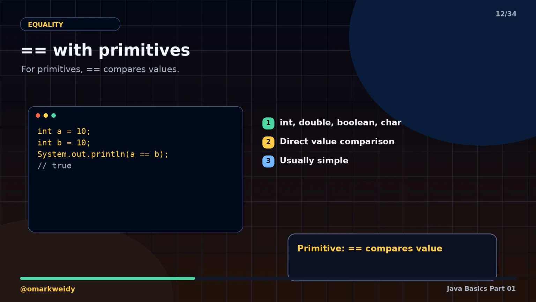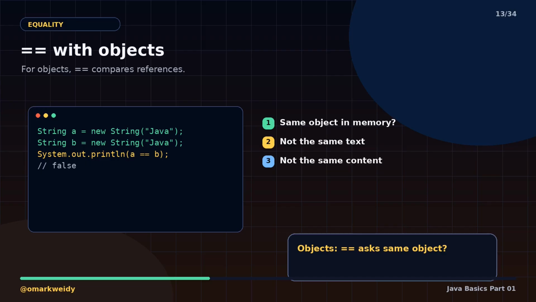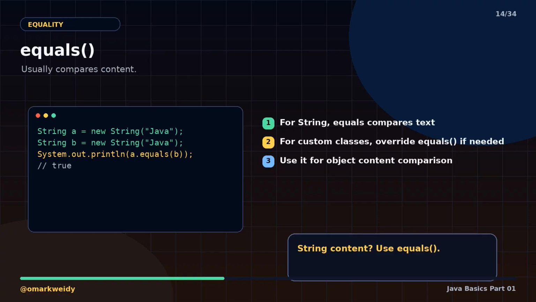For objects, double equals asks, are these two references pointing to the same exact object in memory? Two different string objects can contain the same text, but still be different references. Equals usually compares content. With a string, equals compares the actual text. So if two strings both contain Java, equals returns true.